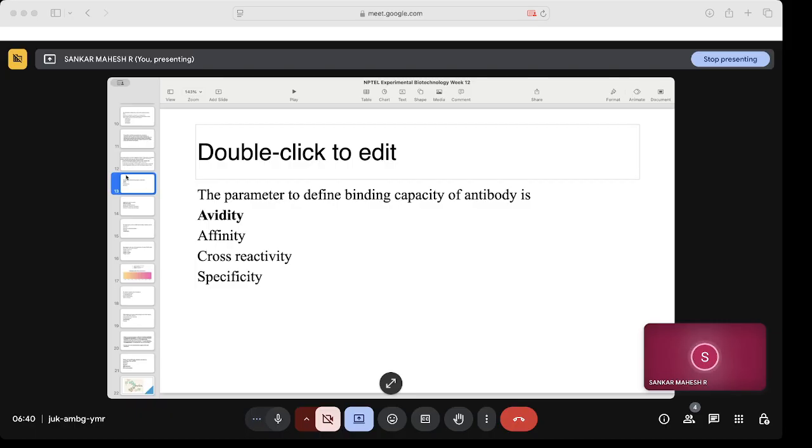The smallest unit is not well defined, but if it is an exposed patch of, let's say, 10-20 amino acids that forms a particular secondary structure, then the antibody will be covering all those exposed surfaces.